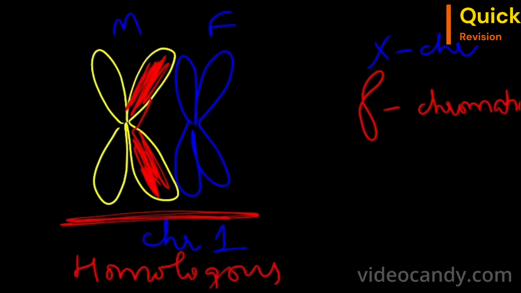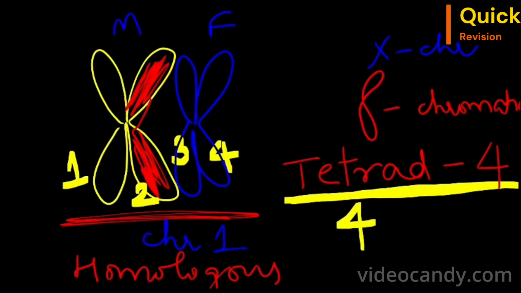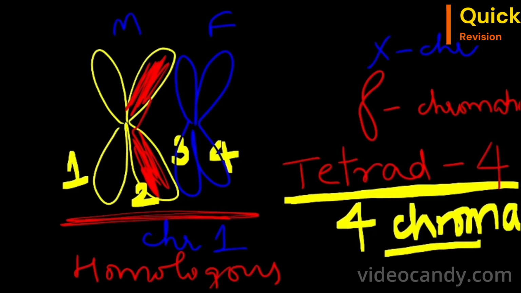Why are we calling it a tetrad? Tetrad means 4, right? Here you can see we have chromatid 1, 2, 3, and then 4. So that's why we call it a tetrad. We have 4 chromatids.